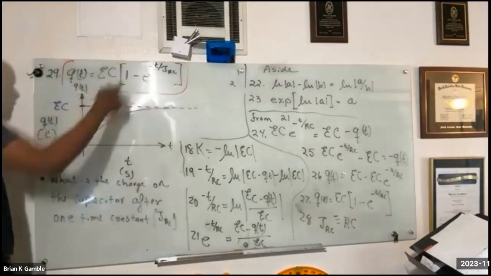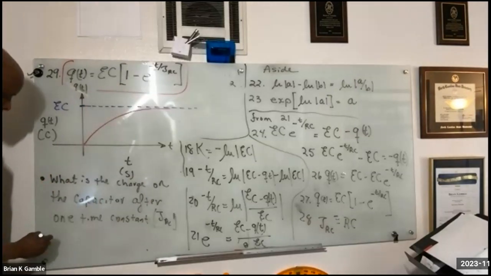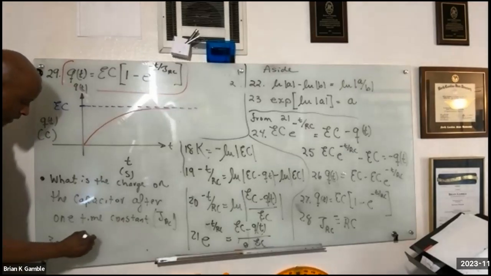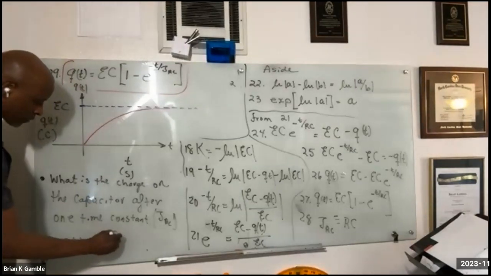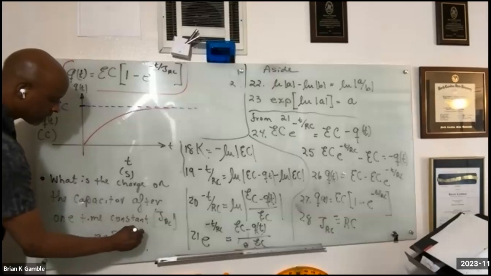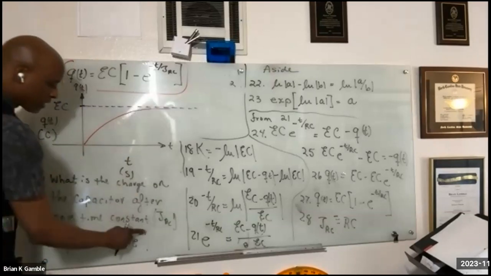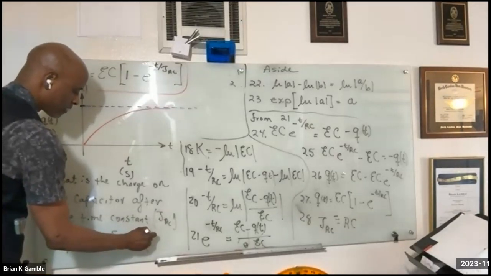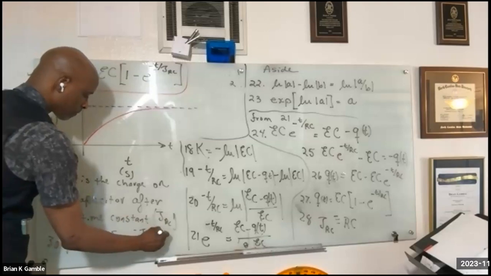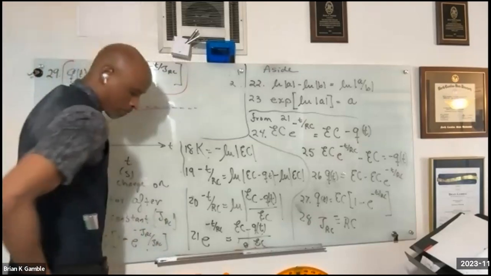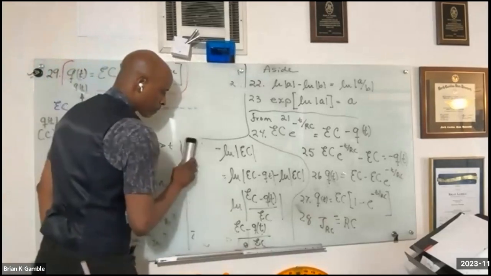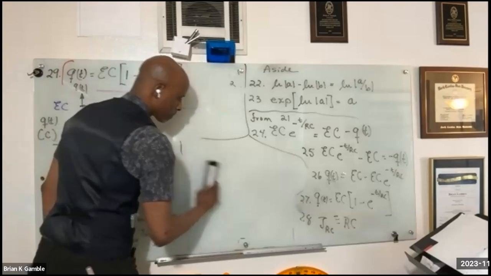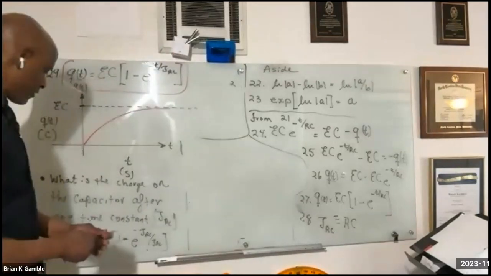Well, if I put tau RC into that thing, I have Q of t is equal to EC times 1 minus e to the minus 1, right? Because that's tau RC over tau RC.